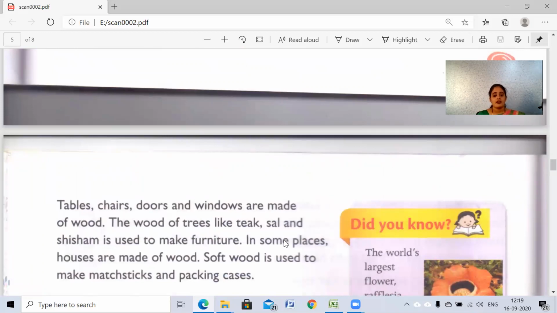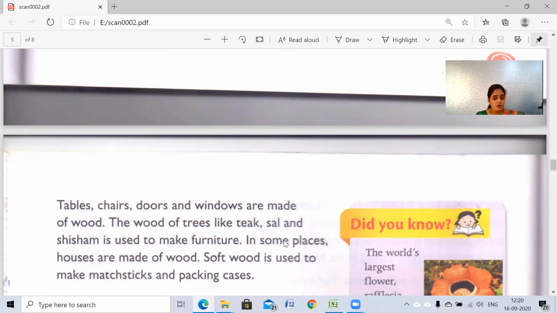And we depend upon plants for making different materials like table, chair, door, and window, which are made from wood. That is obtained from plants. The wood of trees like teak, sal, and shisham is used to make furniture. In our home, we bring furniture that is obtained from trees.